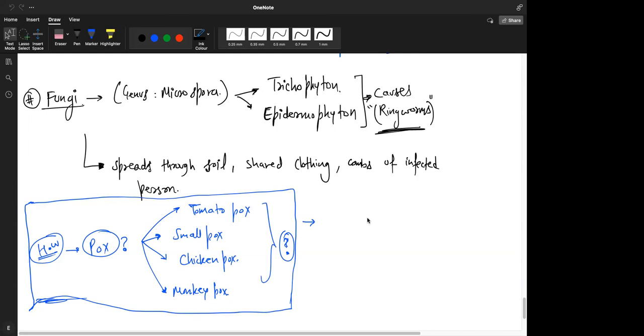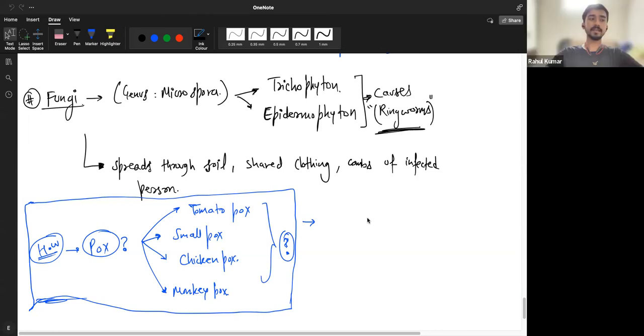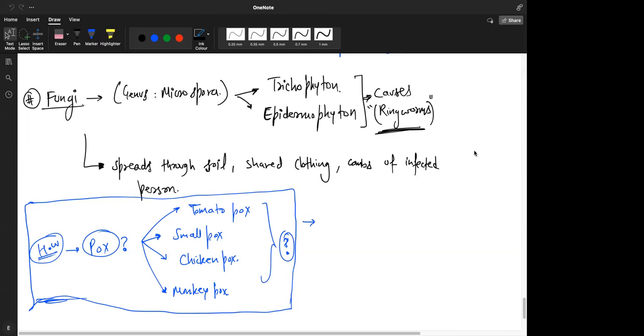We eradicated it through vaccinations up to 1980. There was a special smallpox vaccine.